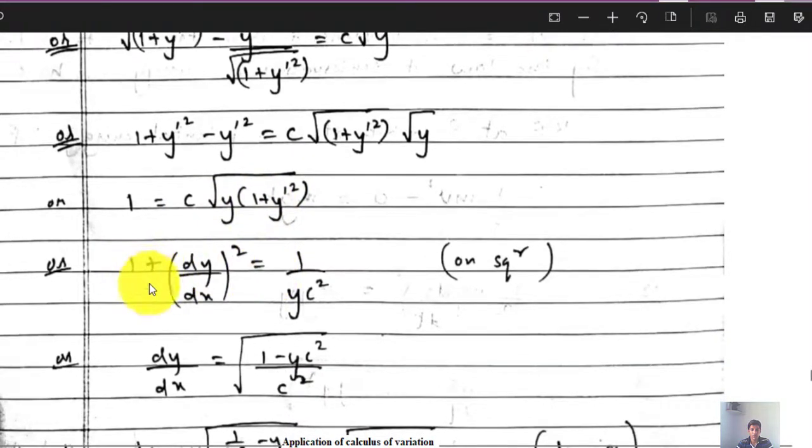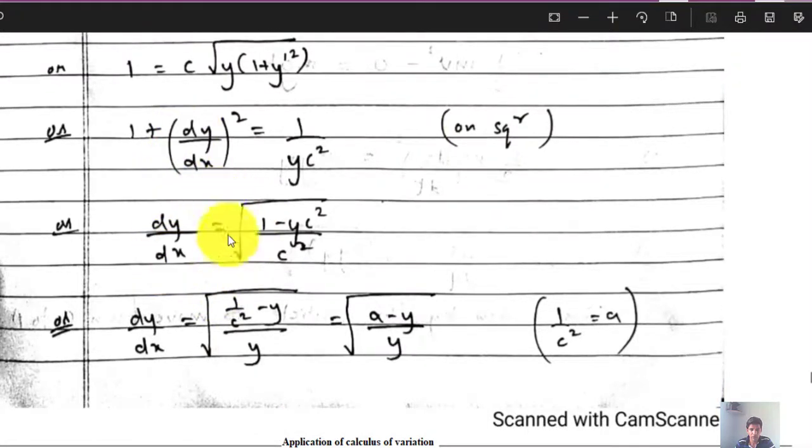Now where is my c? C is here. Okay, so what is this equation? Now see here, this square root sign, if I take square on both sides, it turns out to be 1 plus dy by dx square, which is equal to this, c y comes to the denominator, 1 divided by y c square, that is on squaring of this, right?